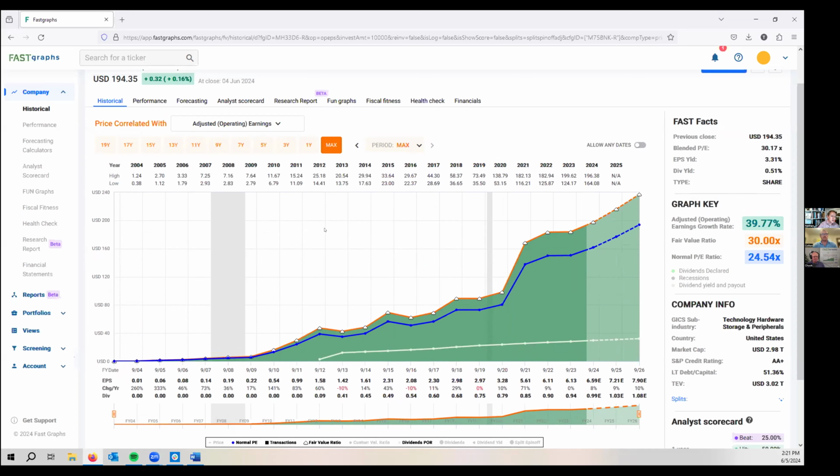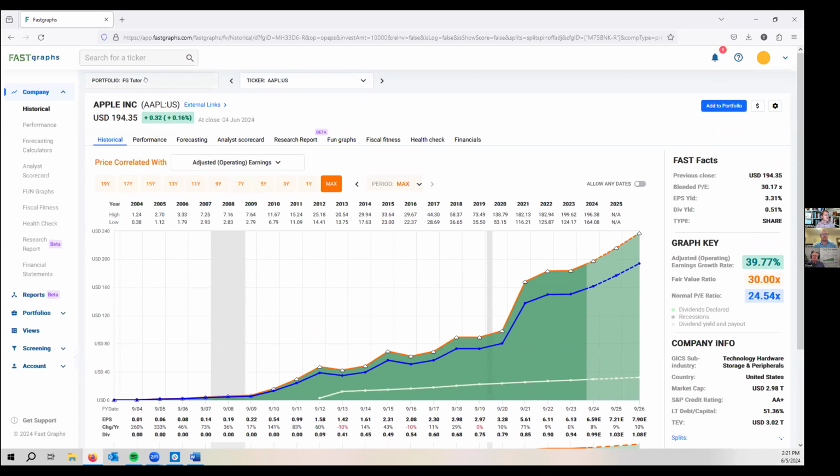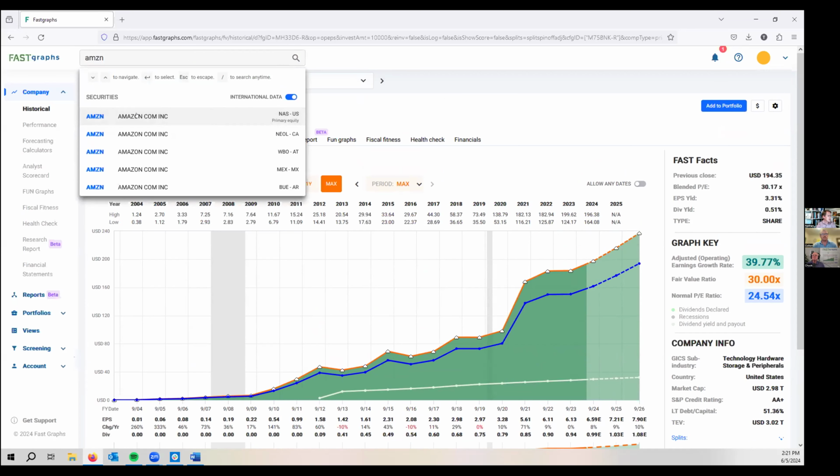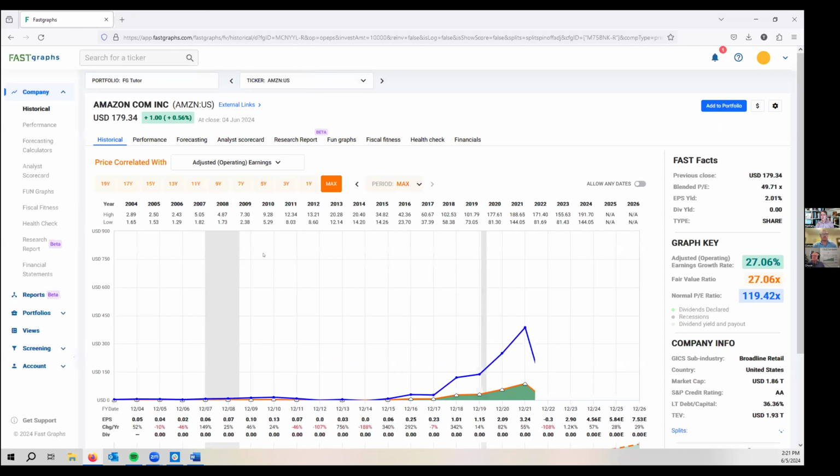So to get to this question of different ratios, I'll go to one of my favorites for this because it's going to look ugly, which is Amazon. Amazon has very, very low earnings for most of this. So this graph looks not as pretty as the Apple graph does. You don't have that big green chunk on the bottom.